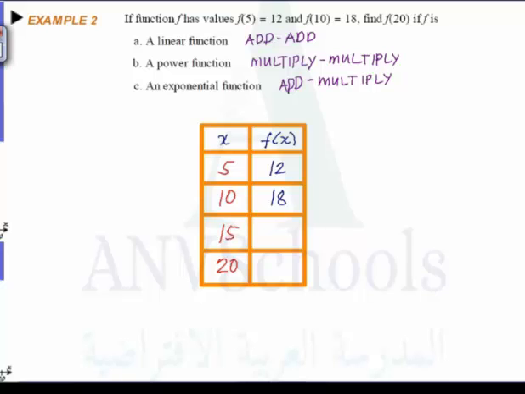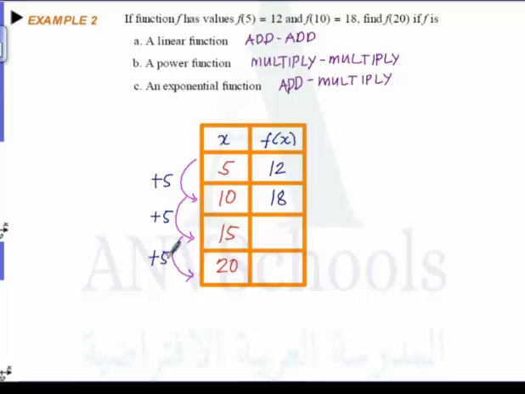Of course, if it's add, then we should have a pattern which is adding for every x value. Then we could see an addition which is constant. So in here we could see that we have a constant of plus 5, and plus 5.